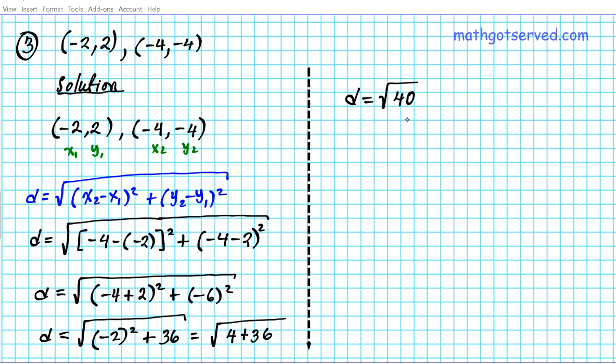So how do we know if we can simplify this? Well, we'll ask ourselves, is there a perfect square that's a factor of 40? Some of us can do this mentally. 4 is a perfect square and is a factor of 40, so this is root 4 times 10. And then if you root 4, you get 2, and your answer is going to be 2 root 10. Okay, so that's how you do it mentally.